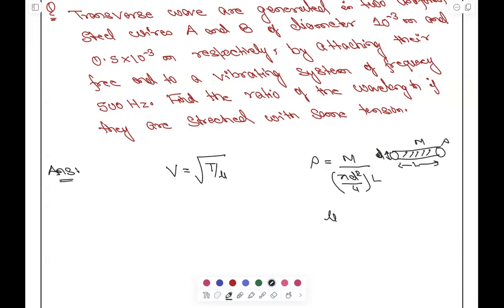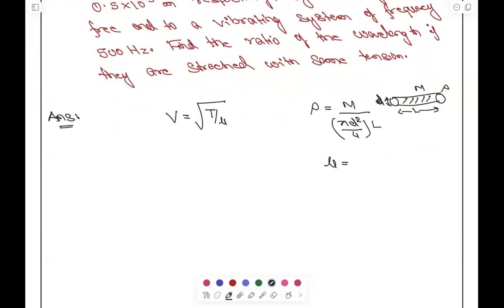What will be mu? Mu is only m by L. Mu is defined, mu equals to m by L. So you can have a connection between rho and mu. So rho is what? 4 mu by pi d square, or the cross sectional area, है ना. So mu upon cross sectional area is rho.